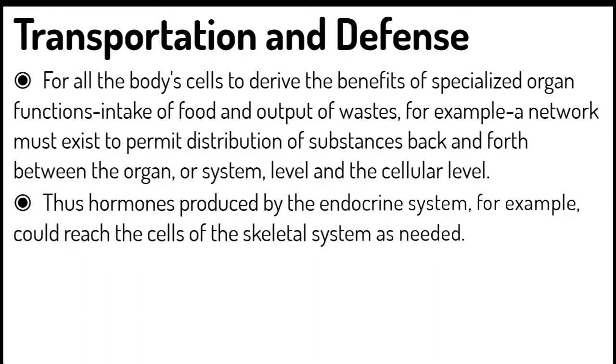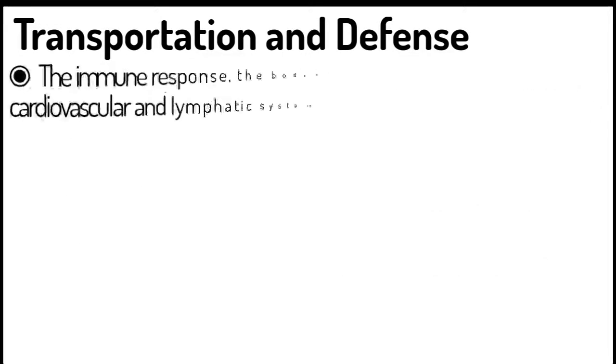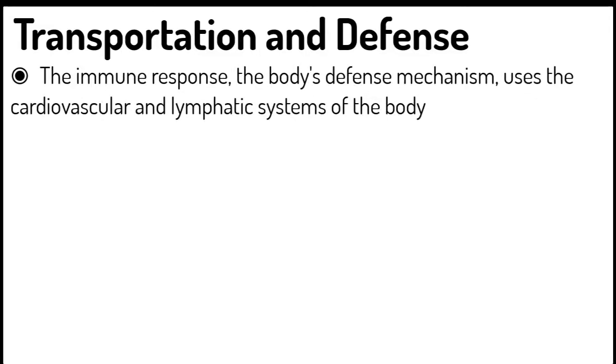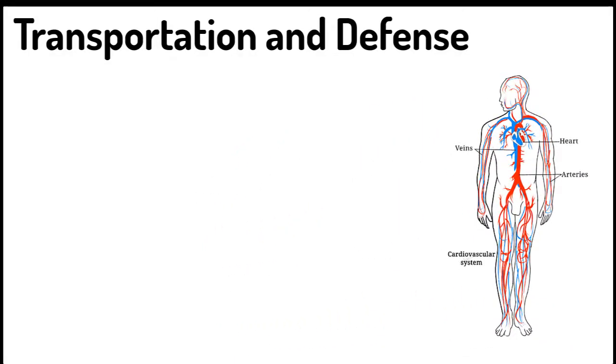Thus, hormones produced by the endocrine system, for example, could reach the cells of the skeletal system as needed. The body's distribution network is the cardiovascular system. The immune response, the body's defense mechanism, uses the cardiovascular and lymphatic system of the body, which you can see in this figure. First, we will look upon the cardiovascular system.